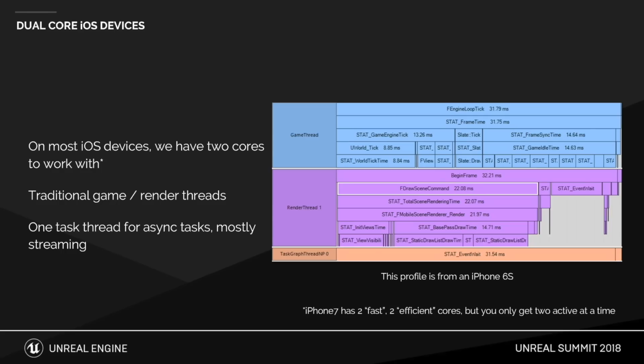On iOS, on 2-core devices, we ended up just using the existing system we have in Unreal Engine, which is the game thread and the rendering thread as our 2 main threads. And then we added an extra general purpose async task thread for stuff like streaming or physics.